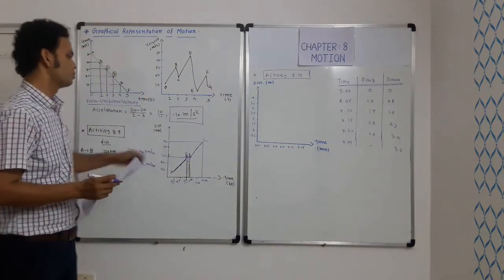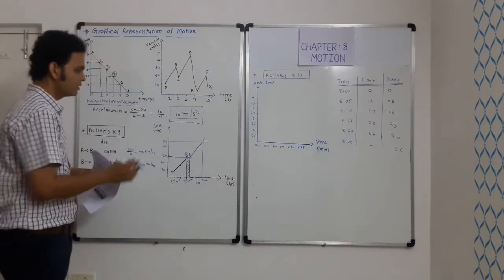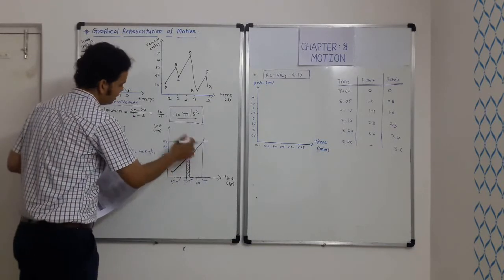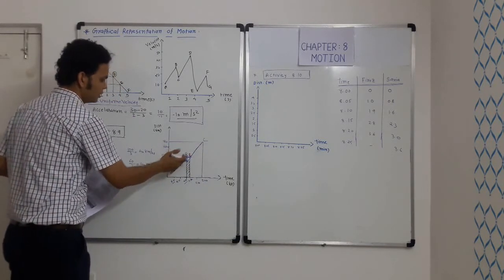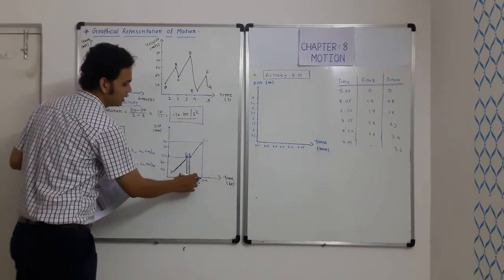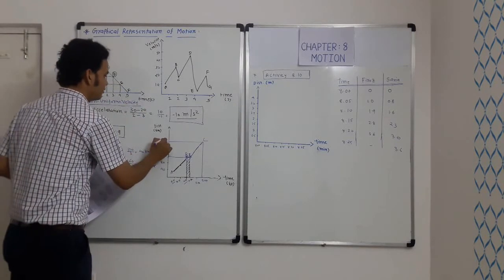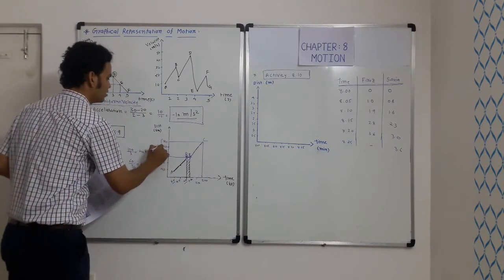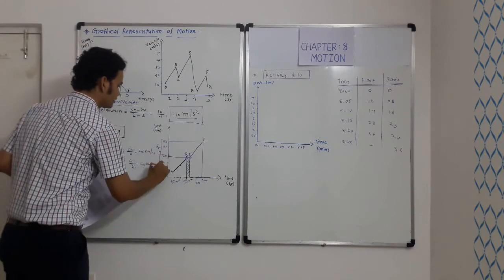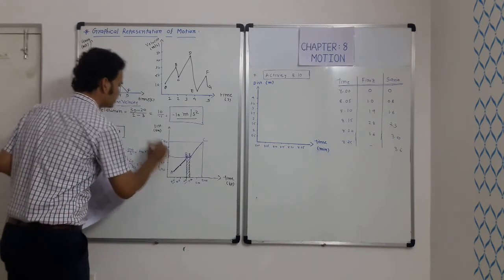So this is B to C. Once again it is moving with uniform velocity, which is once again 40, so the slope will be almost the same. From 11:30 to 12:30 and 12:30 to 1, that is 30 minutes, it has traveled another 60 km. So here it has traveled 120 km and here it has traveled 60 km.